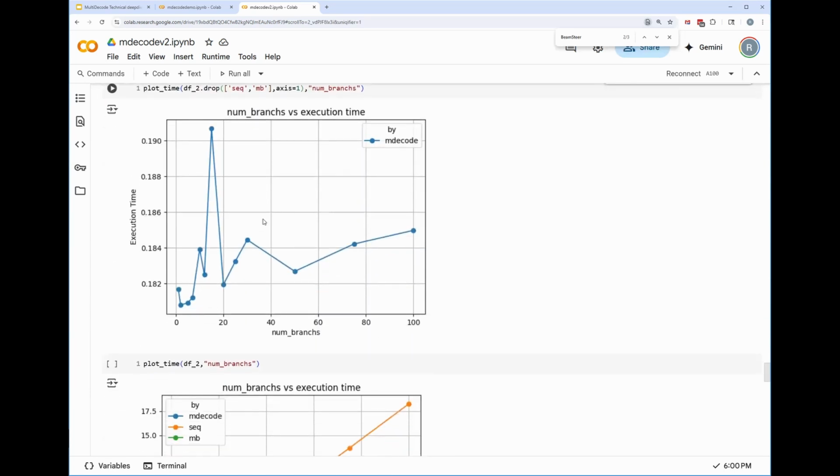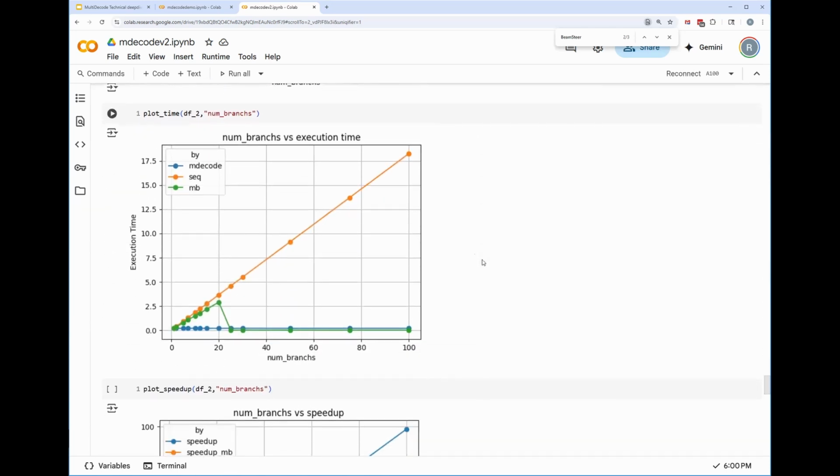So here's the number. This is the multi-decode execution time versus number of branches, and the scale here is just 0.18 to 0.19 basically. So this is basically flat from 1 to 100 branches. That's the cool part that we like.